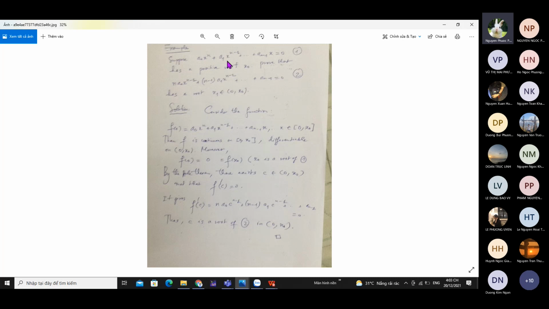Because the derivative of the left hand side of equation 1 gives you the left hand side of equation number 2, the number c here is a root of equation number 2, and c is between 0 and x0. What we expected, right? We use Rolle's theorem to prove the existence of a solution of some given equation. Here is just an example.